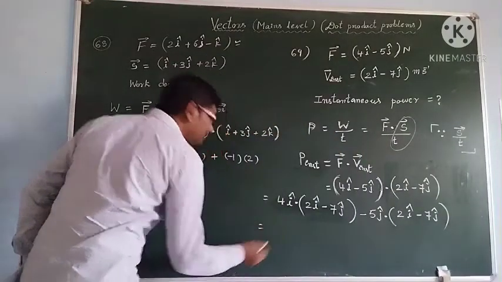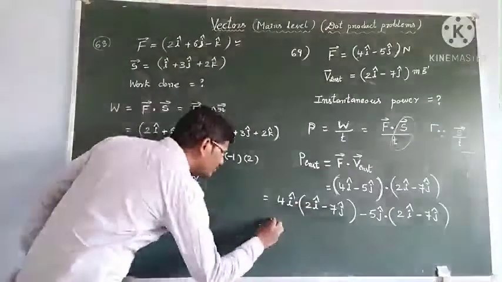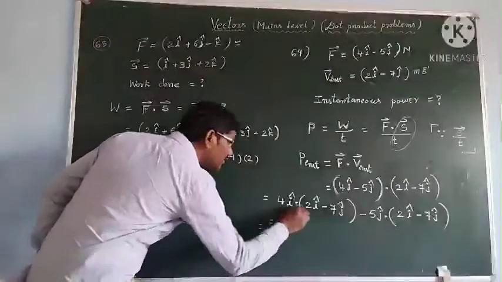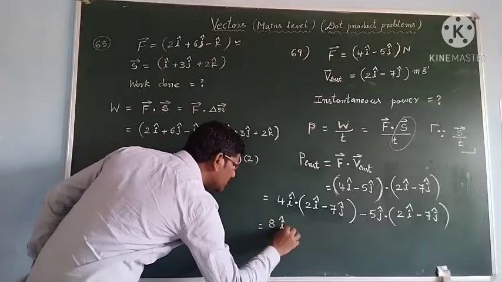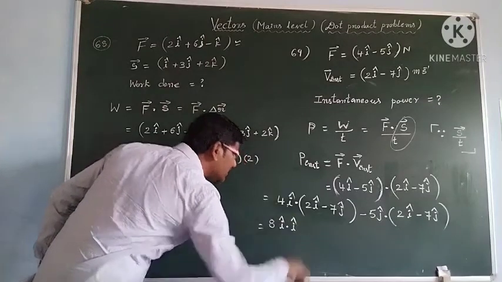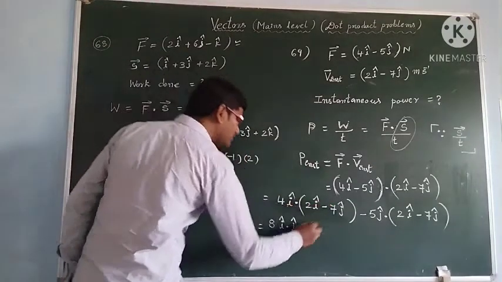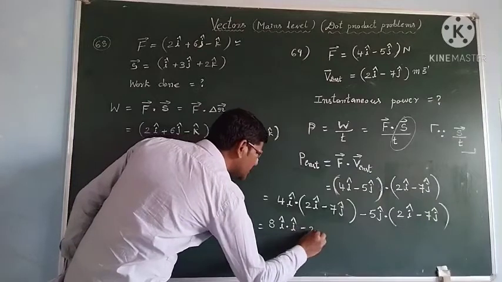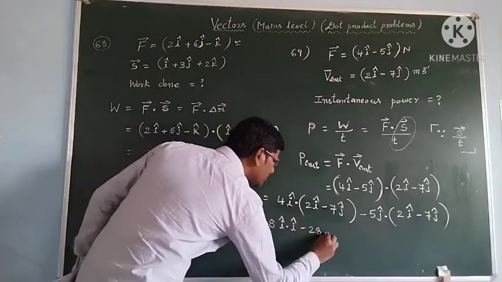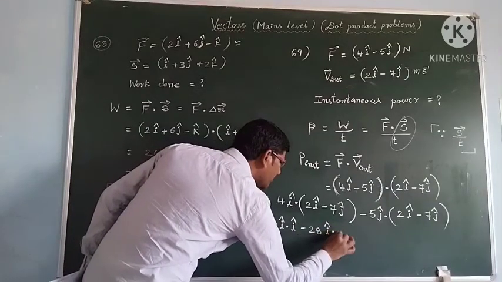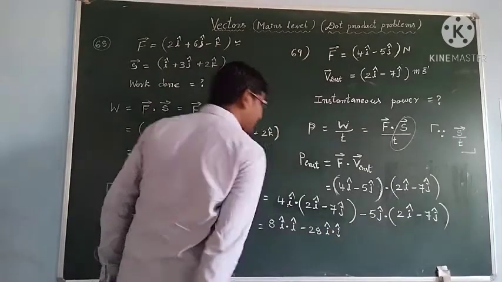Then 4 into 2 is 8 into i cap dot i cap, and 4 into 7 is 28 into i cap dot j cap.